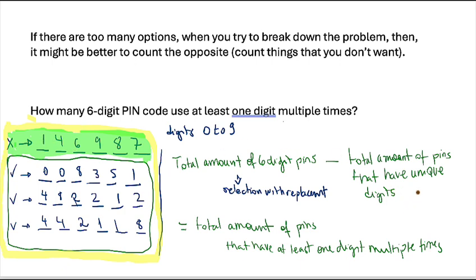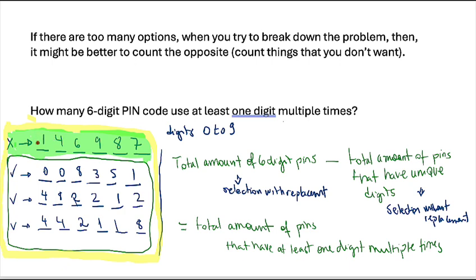Now, think about this. What's the total amount of pins that have unique digits? Well, if you were to look at our toolbox, this is a selection without replacement. Why is that? Well, if you choose number 1 as your first digit, you can't choose it again because you don't want to repeat.